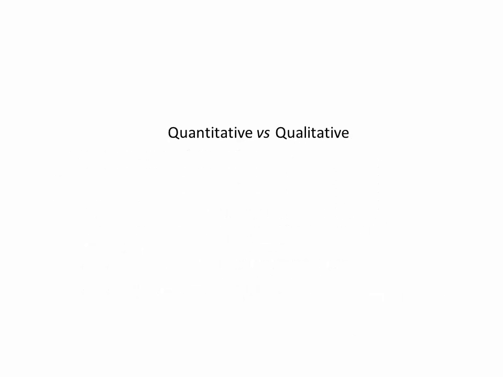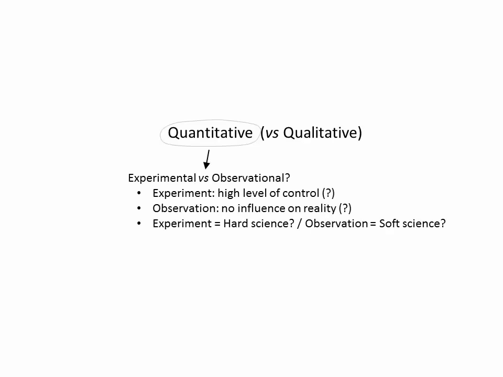I will just spend ten minutes on the quantitative approach. You had some talks yesterday about that, about some designs, cohorts, case control studies, etc. You will have others. But just to raise some old questions, I am sure that you have been taught that there are experimental designs and observational designs.